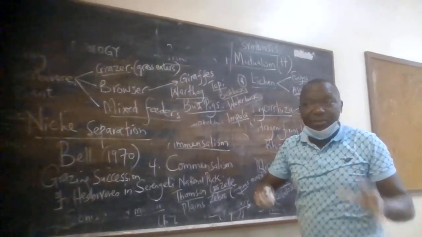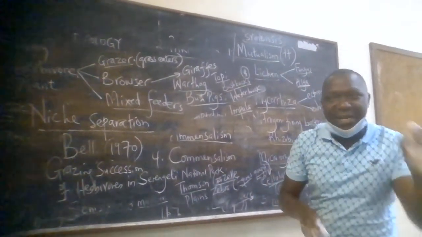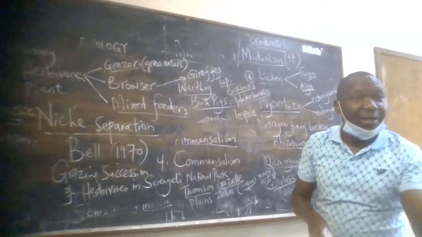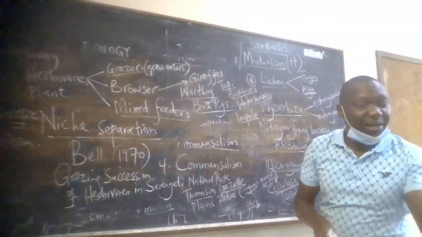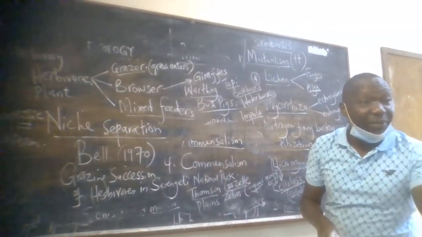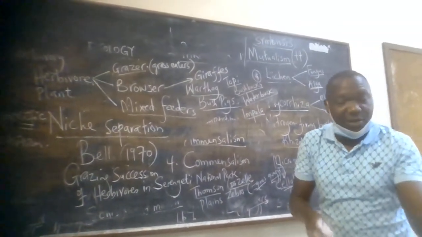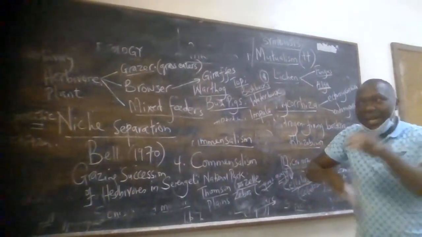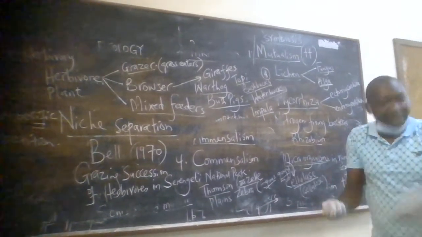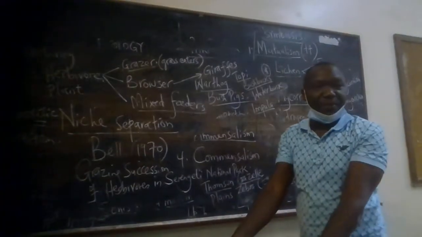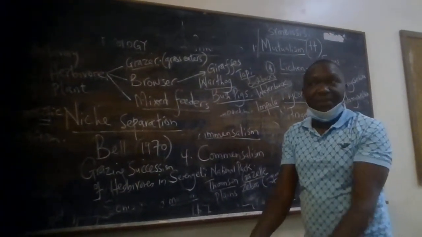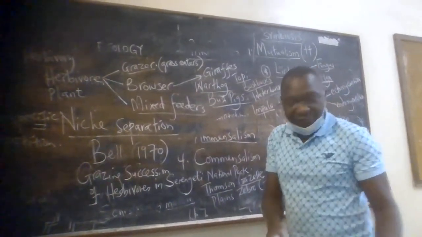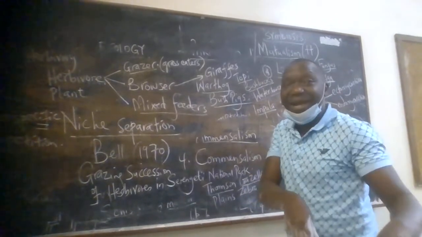Maybe the Thompson's gazelle are interested in fresh, proteinous, and nutritious grass with less fiber, so that when they move away, after some few days, you find another group. Maybe the impala is also coming. They feed in the same area.